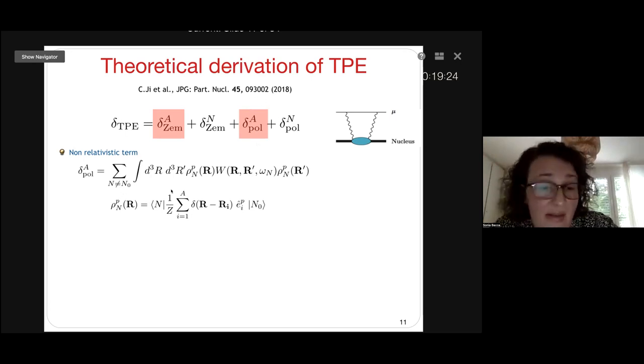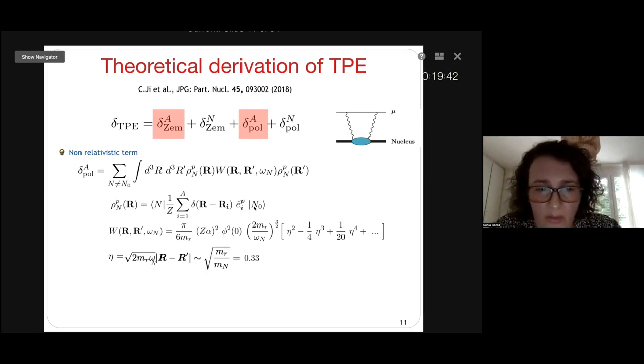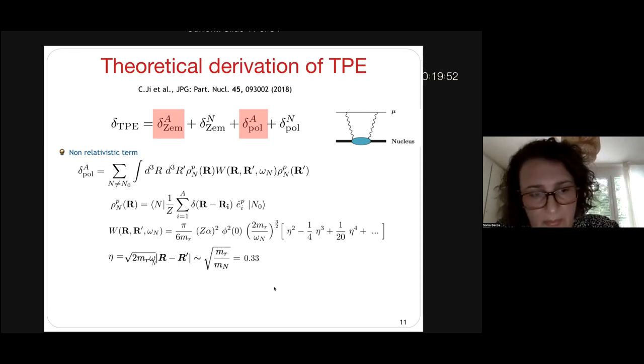You can write it down with this expression, where these ρ are transition densities of the charge operator between the ground state and the excited state of the nucleus. And this operator here, W, if you work it out, as detailed in here, you can show that it can be written as a power expansion of a parameter eta, which, if you work it out using the uncertainty principle, is roughly 0.33.